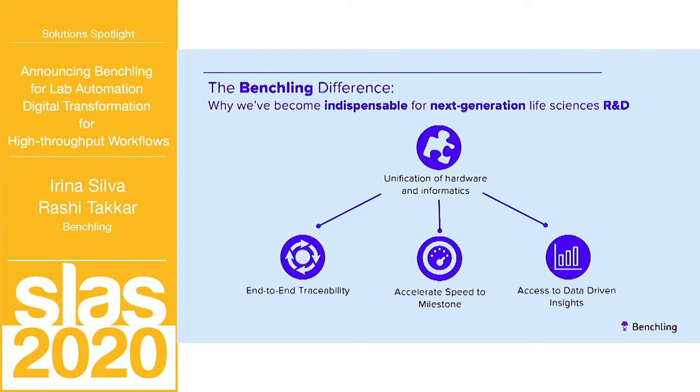And so, as I said, that's the Benchling difference and why we've become the indispensable tool for next generation life sciences R&D companies. We're really solving the problem where informatics was lagging behind. We're unifying hardware and informatics, so really to help you accelerate your pace of research, whether that's with end-to-end traceability, accelerating your speed to milestone, and also more importantly, having access to data-driven insights.